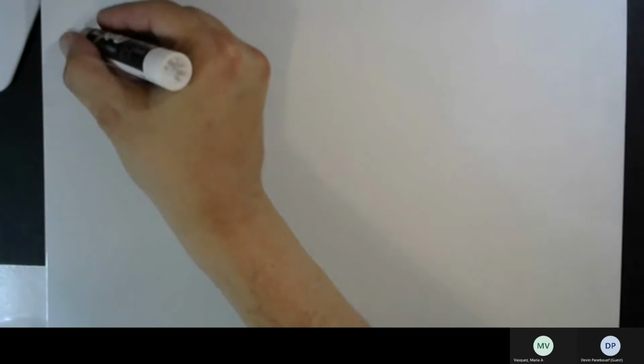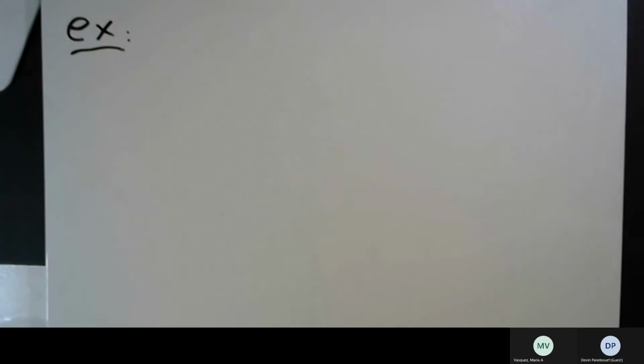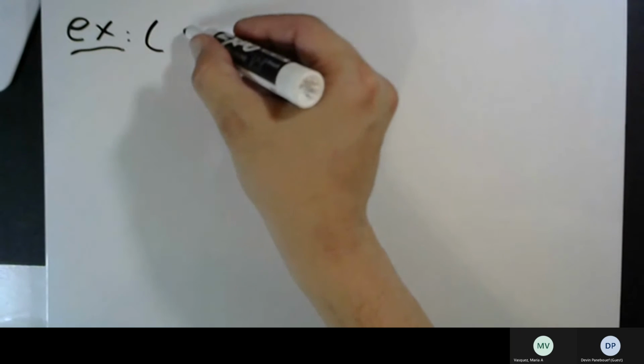So let's take a look. We're looking at section 4.4, and we're going to be adding polynomials, adding and subtracting. So let's say we have this.